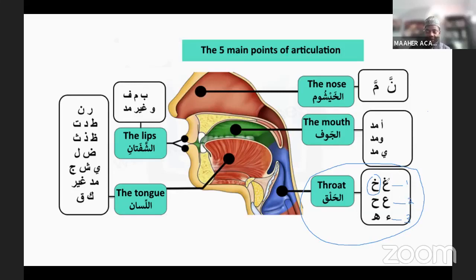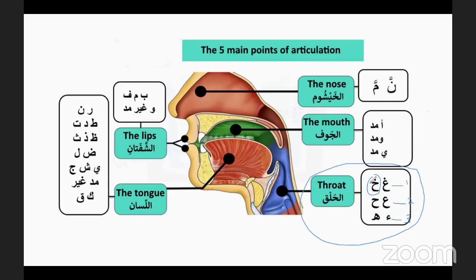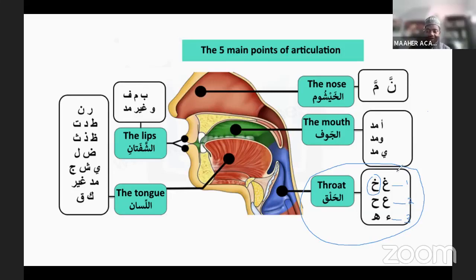But the Ghain and the Kha, these 2 letters come out from the top of the throat. Gha, Kha, Gha, Kha. You see? Gha, Kha, right?